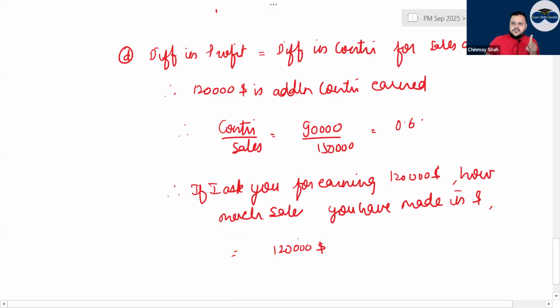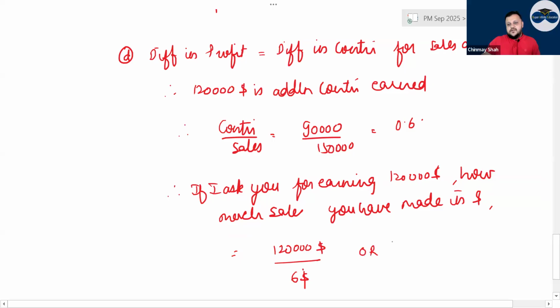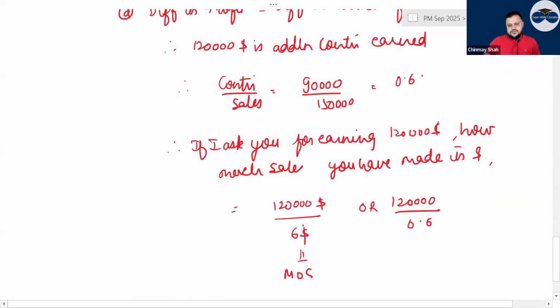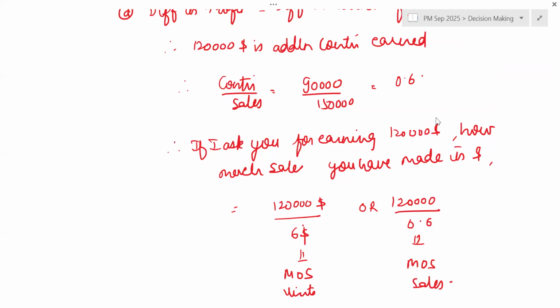If I divide this by $6, the contribution per unit, I will get the margin of safety units. And if I want margin of safety in dollars, then 120,000 divided by 0.6. So this gives me MOS units, and this gives me MOS sales. Easy enough? Yes, sir.